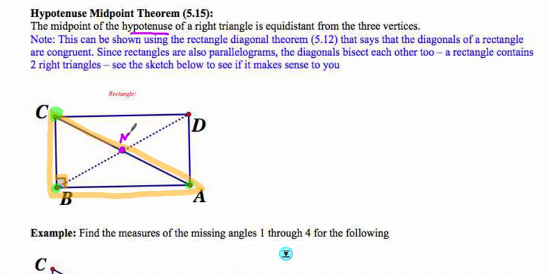Okay, and so what the theorem is stating is that if this point over here, let's call it point M, is the midpoint of the hypotenuse, and so that would mean that CM is equal to MA, then point M would be equidistant from all three of the vertices.